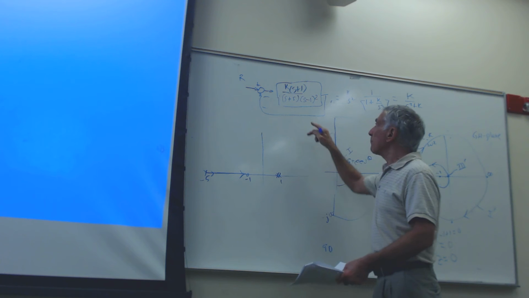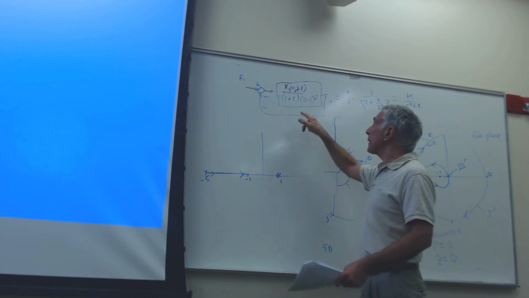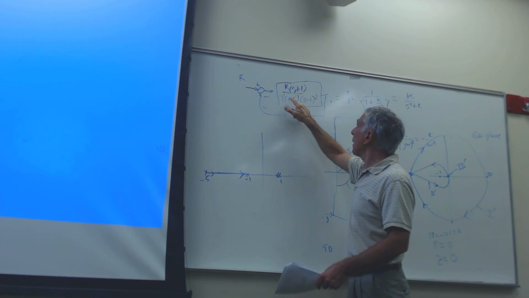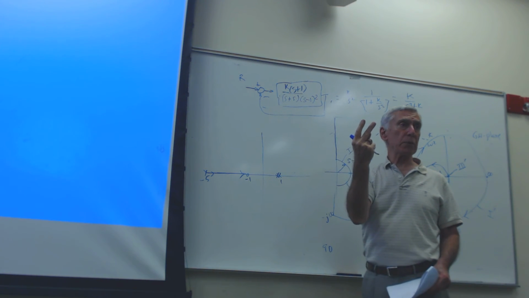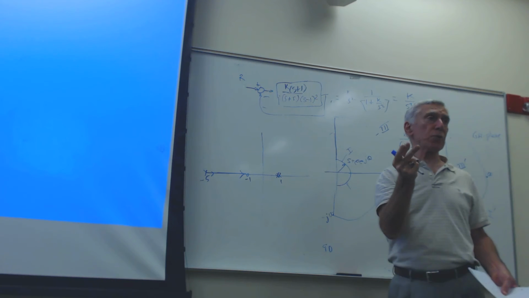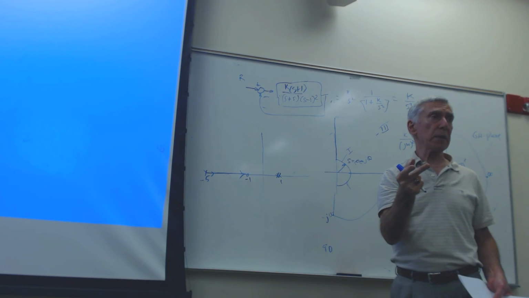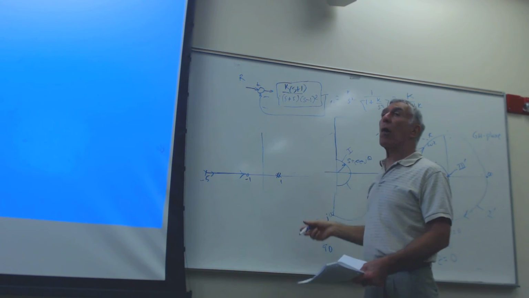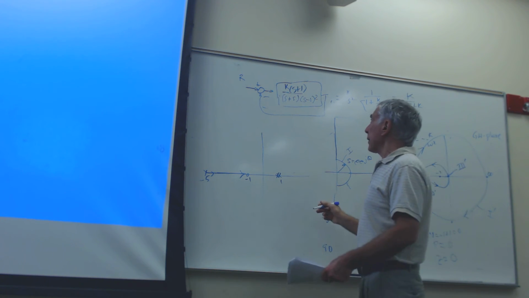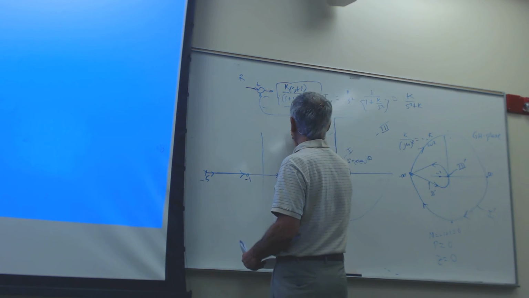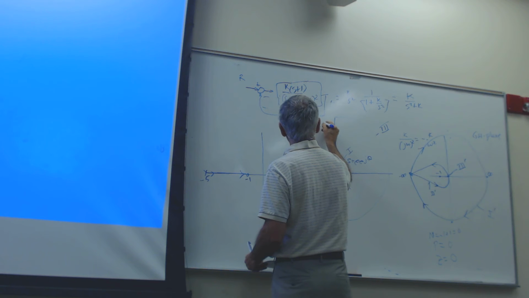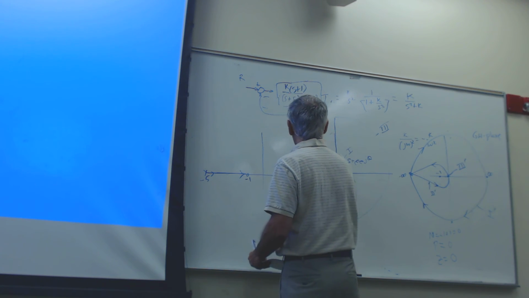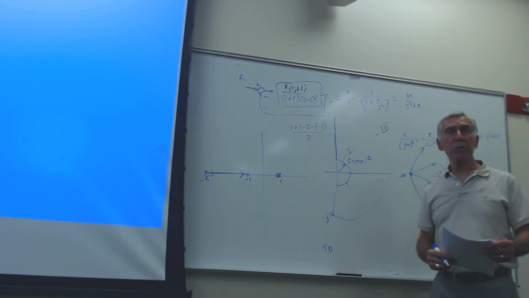Okay. Then asymptotes. How many asymptotes does it have, right? This is s cubed, this is s, 2 asymptotes, right? When you have two asymptotes, the angles are going to be plus and minus 90 degrees, right? And then the origin of the asymptote is the sum of the pole locations, 1 plus 1 minus 5, minus the sum of the 0 locations, divided by the difference between the number of poles and zeros.